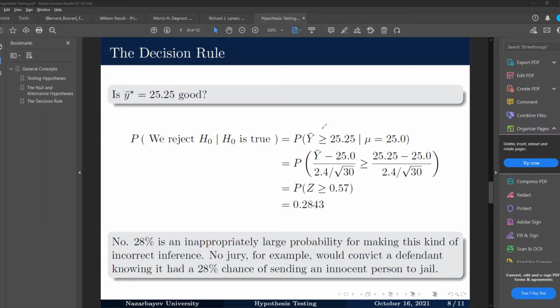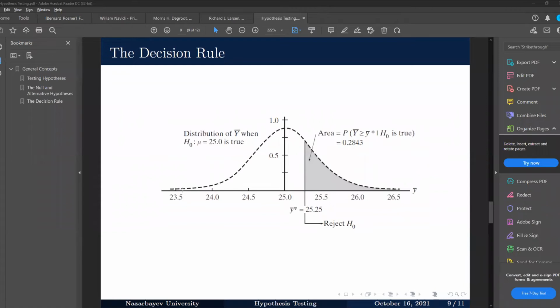Then if we assume that this y bar comes from a normal distribution with mean of 25, this distribution is also known as the null distribution. So the null distribution is the distribution of our population under the assumption that the null hypothesis is true. So here is our null distribution. This is a normal distribution with mean at 25.